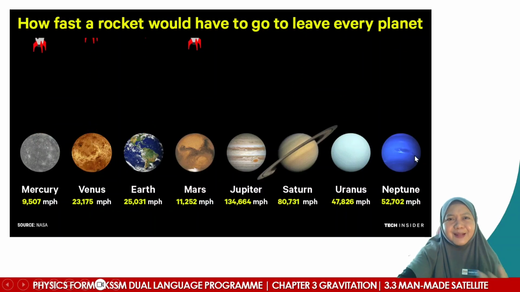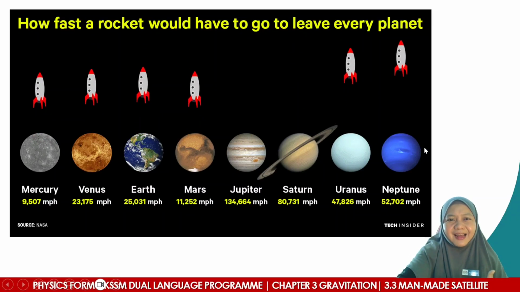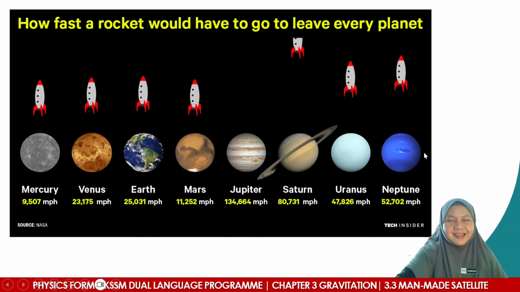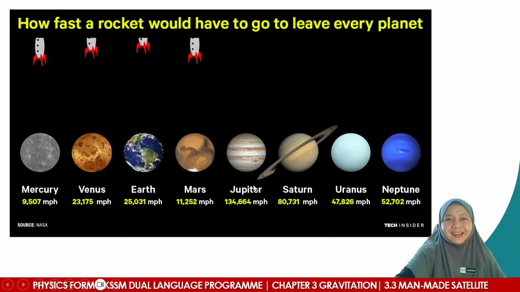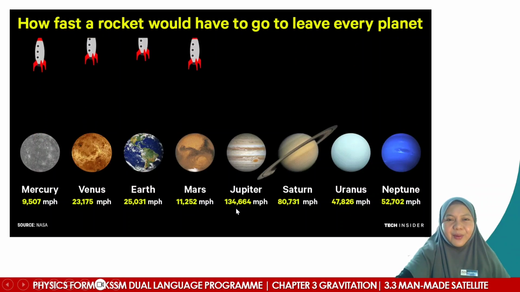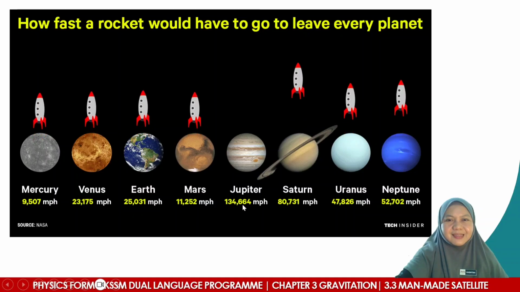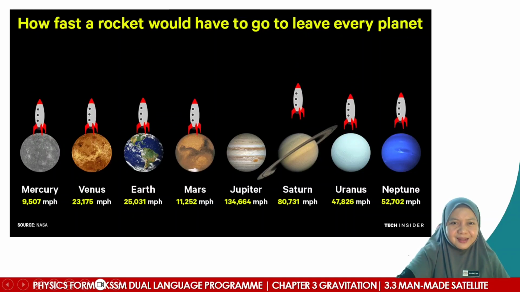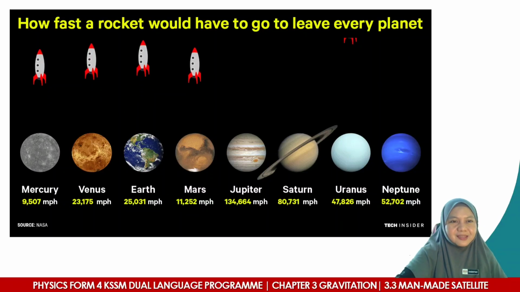Can you tell me which one has the highest escape velocity? Look at Jupiter. It goes too fast, gone in a blink of an eye, with 134,664 miles per hour. And which one has the lowest escape velocity?